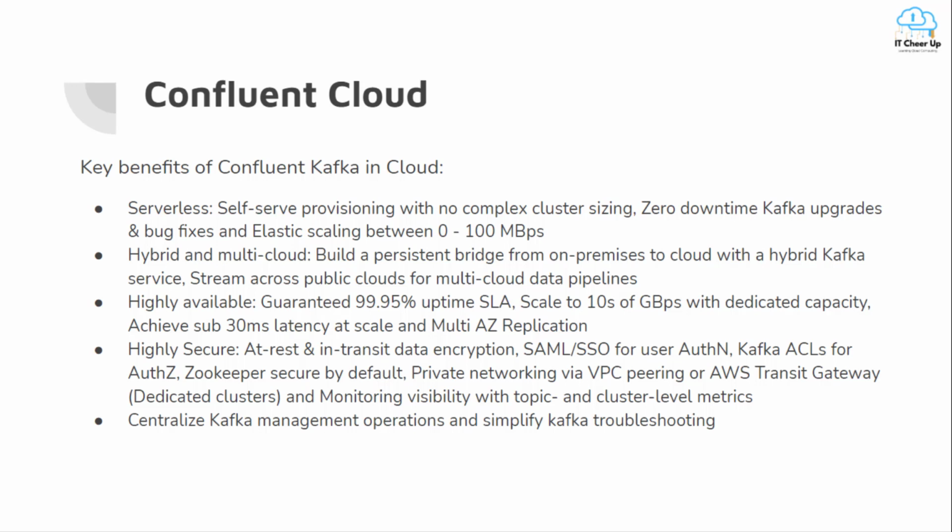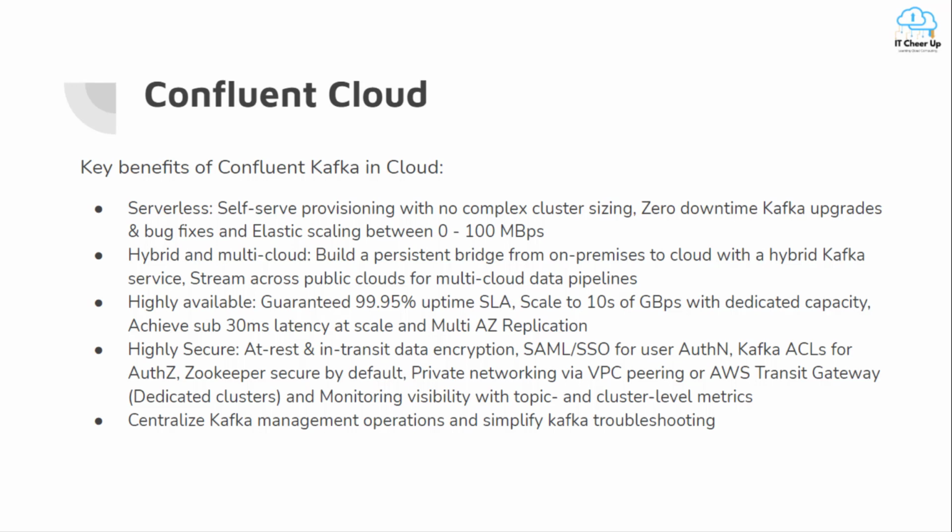It is highly secure with at-rest and in-transit data encryption, SAML SSO for user authentication, Kafka ACLs for authorization, ZooKeeper secure by default, private networking via VPC peering or AWS Transit Gateway in the dedicated clusters, and monitoring visibility with topic and cluster level metrics.